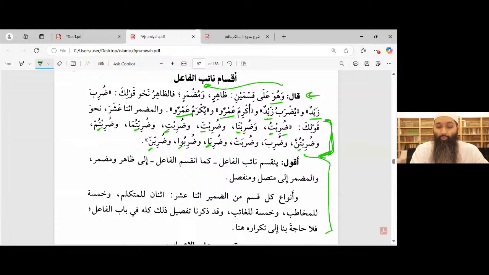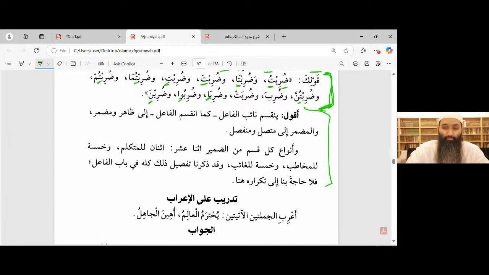The mudmar can be further divided into damir muttasil and damir munfasil, just like we did before. So for example, here that would be ana, this would be nahnu, this would be anta, anti, antuma, antum, antunna, huwa, hiya, huma, hum, hunna. That's the munfasil.